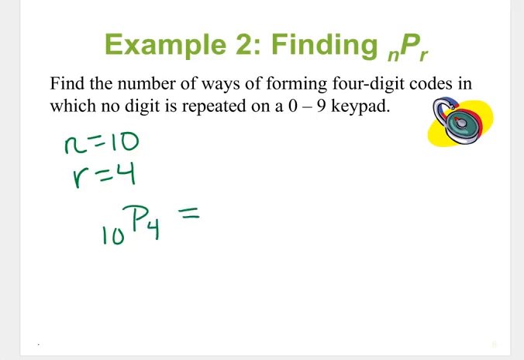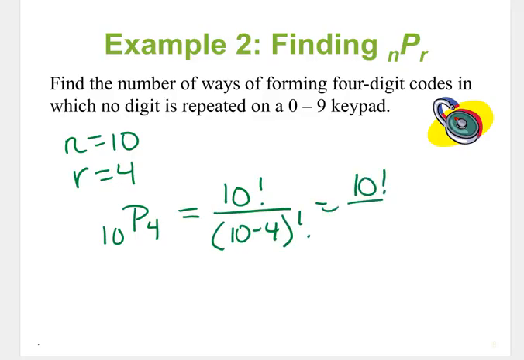If you can't find that button on your calculator, you can put it in just like that, 10P4. You would have to do 10 factorial over 10 minus 4 factorial. So that would be 10 factorial over 6 factorial.